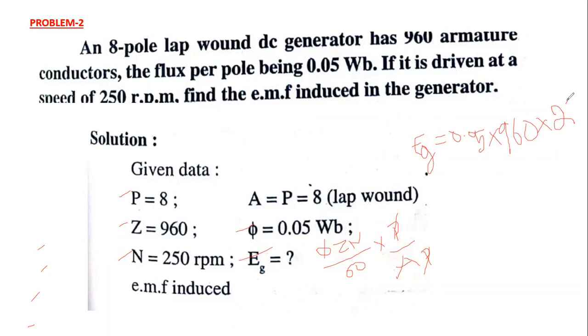That is 250, so 250 by 60. Therefore, EG is equal to 0.05 into 960 into 250 by 60. The P by P gets cancelled. This is the EMF generated in the case of a DC generator.